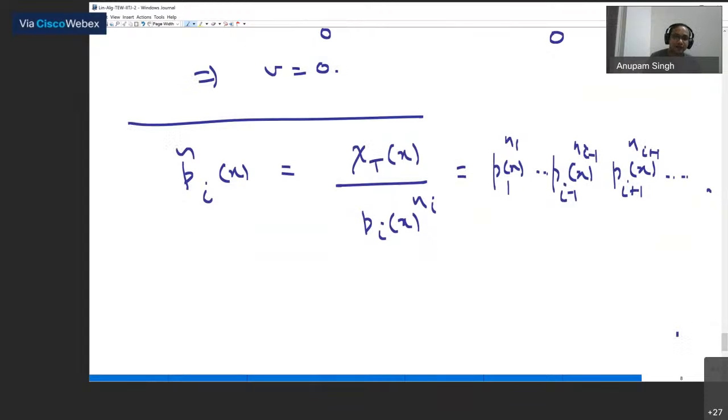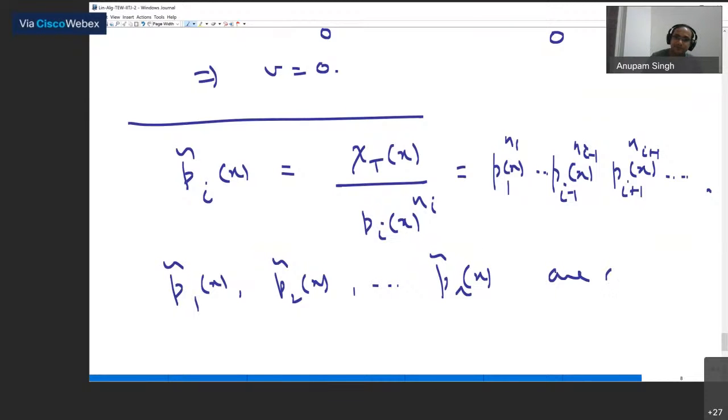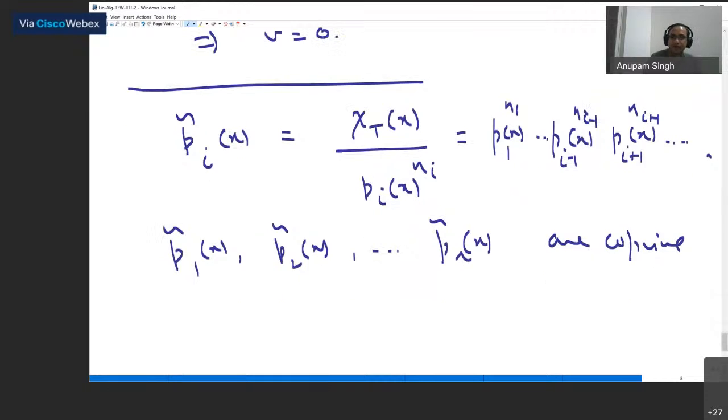So if I look at now again, look at the polynomials P1 tilde(x), P2 tilde(x), and so on, Pr tilde(x). These are coprime. They can't have any irreducible polynomial in common. So they are coprime.